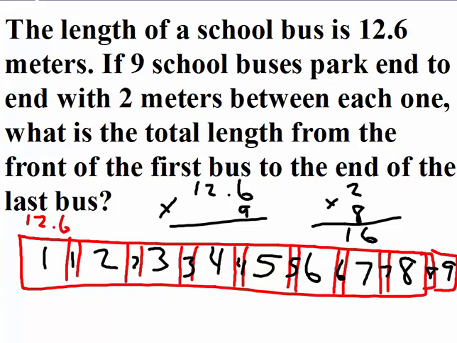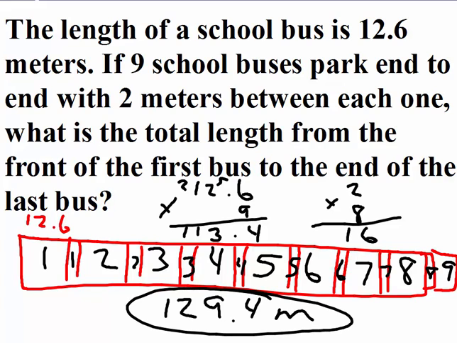This is 16. 9 times 6 is 54. 9 times 2 is 18, plus 5 is 23. 9 times 1 is 9, plus 2 is 11. So I have 113 and 4/10 plus 16. So that will be 129.4. And I put the units at the end. The total length would be 129 meters and 4/10 of a meter.